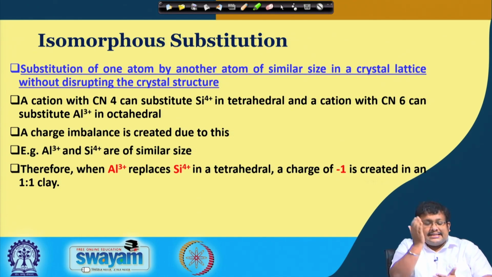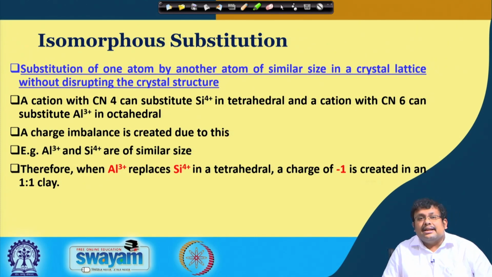So, a silica can be substituted by another cation in a tetrahedral coordination which can show a coordination number of 4, for example, aluminum. So, aluminum can replace silica in a tetrahedral coordination and still maintain its structural integrity, because aluminum has almost similar size as silica.